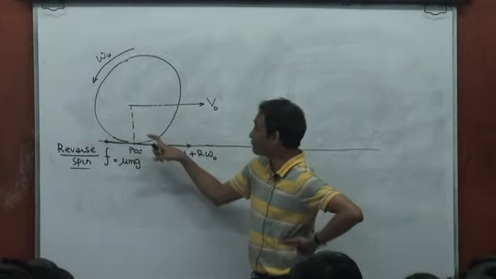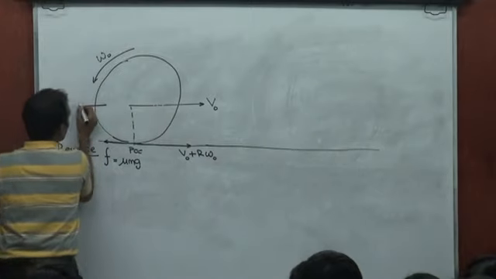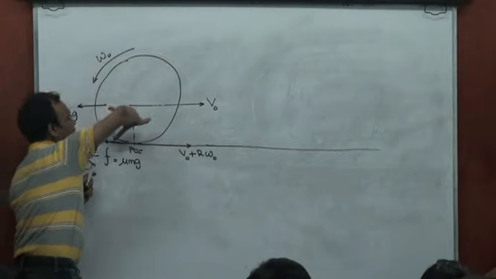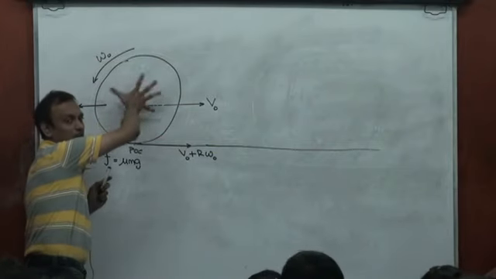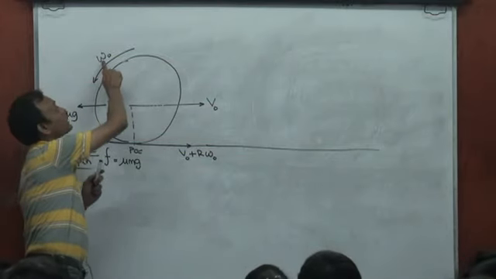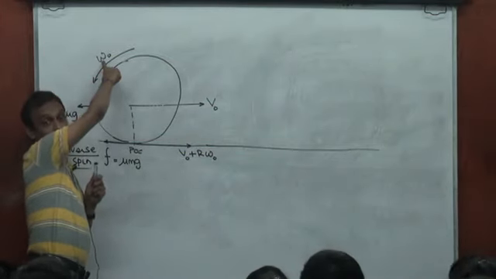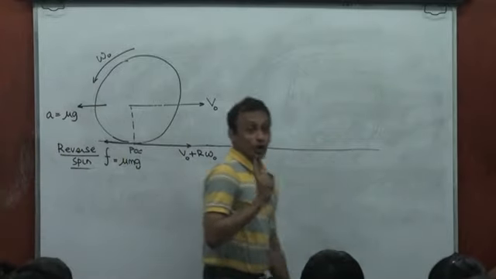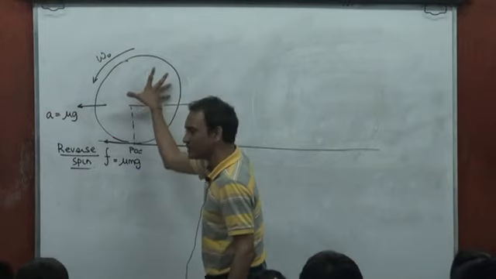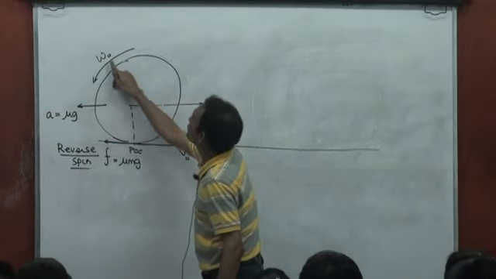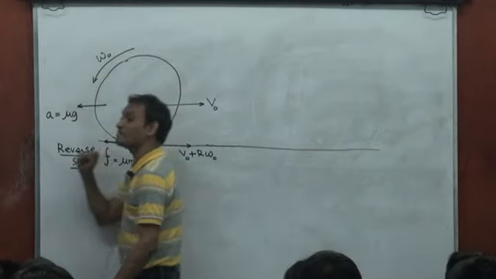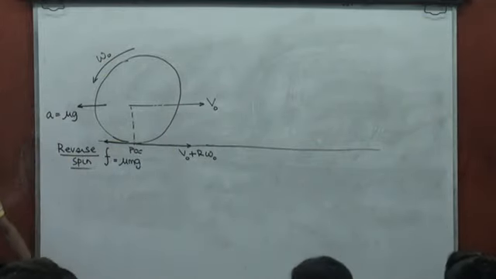This F acting leftward will produce a leftward a equal to mu g, and it will also produce a clockwise alpha, and it will kill both. This F acting backwards will produce an alpha like this, and this alpha would kill this omega naught. So both omega naught and V naught are being suppressed by friction here.